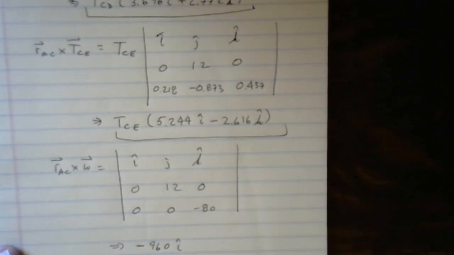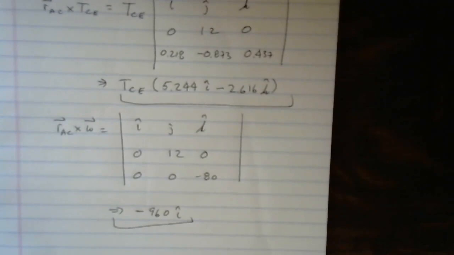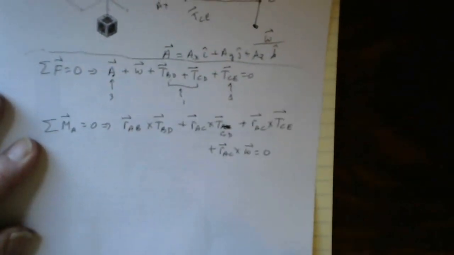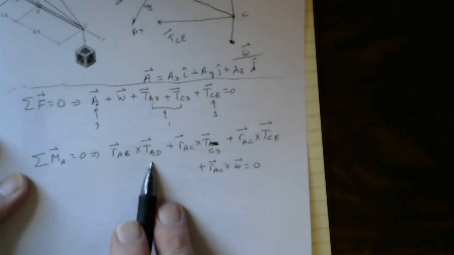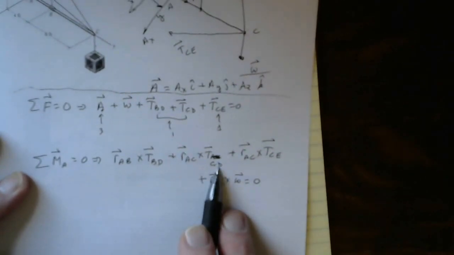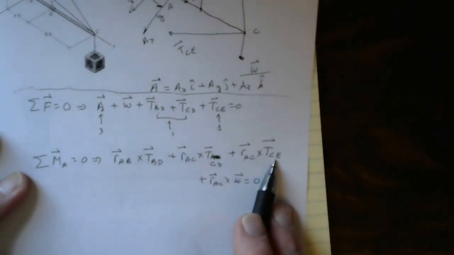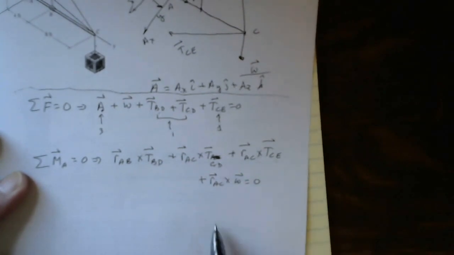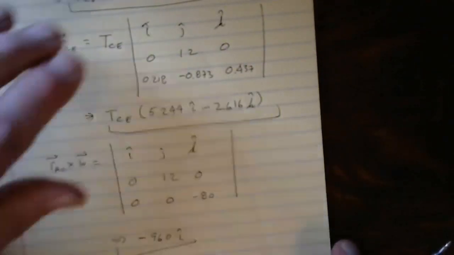Okay. So now I've got all four of the cross products that I need. Go back to my first page here. So RAB cross TBD, got it. RAC cross TCD, got it. RAC cross TCE, got it. RAC cross W, got it. So I have everything that I need for the vector sum of the moments about A.